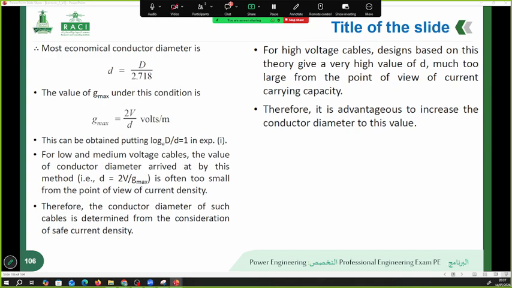This slide reiterates the key finding that the most economical conductor diameter d is given by this formula.